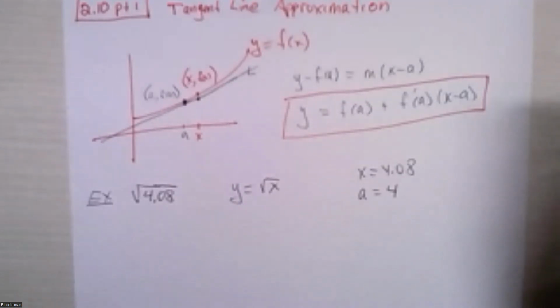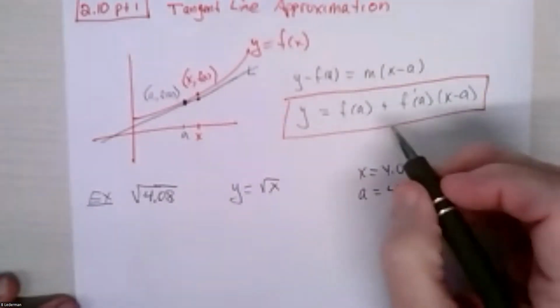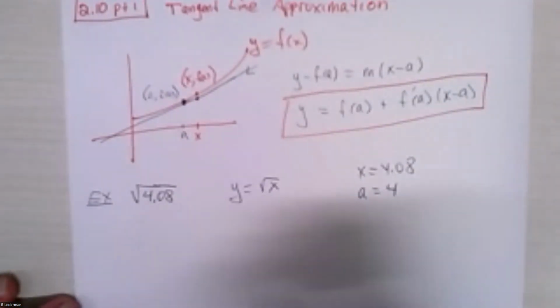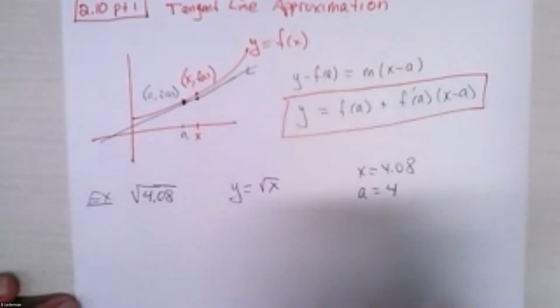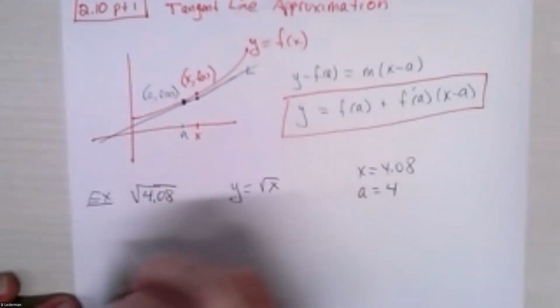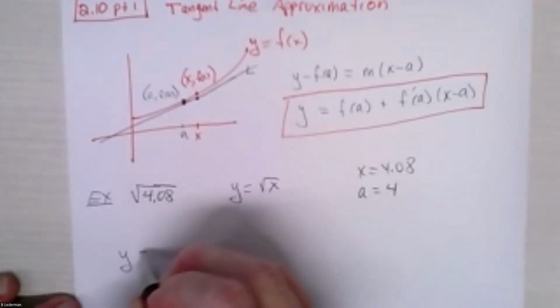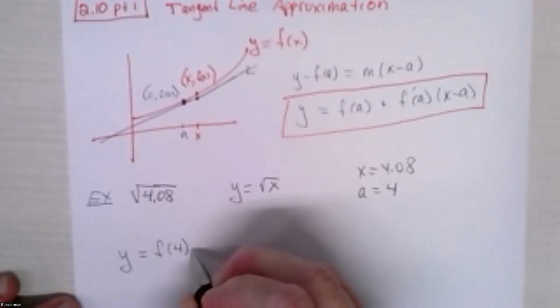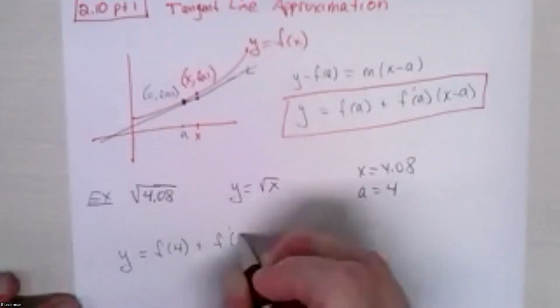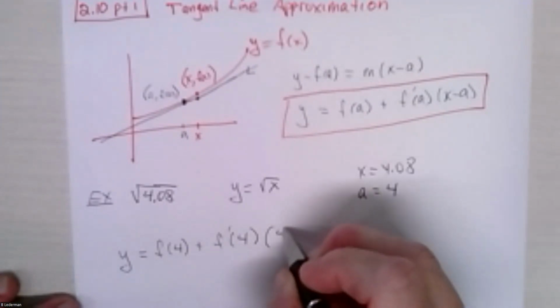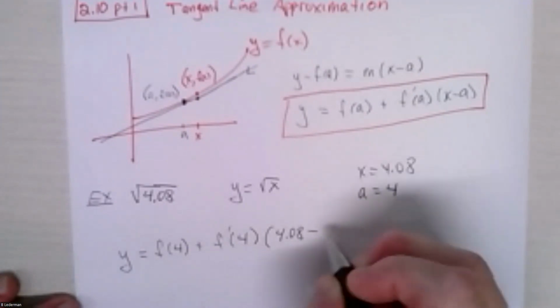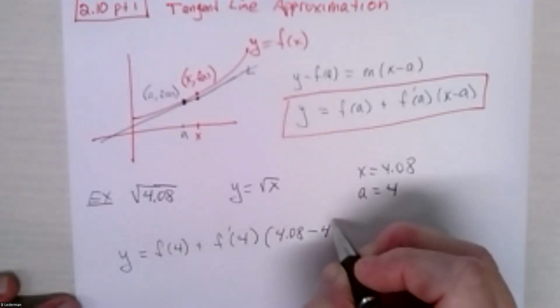So I'm going to use my linear equation here. I'm going to say y is equal to f of 4 plus f prime at 4 times 4.08 minus 4.